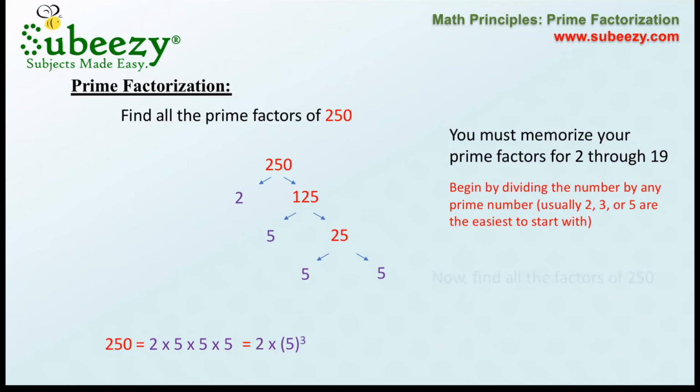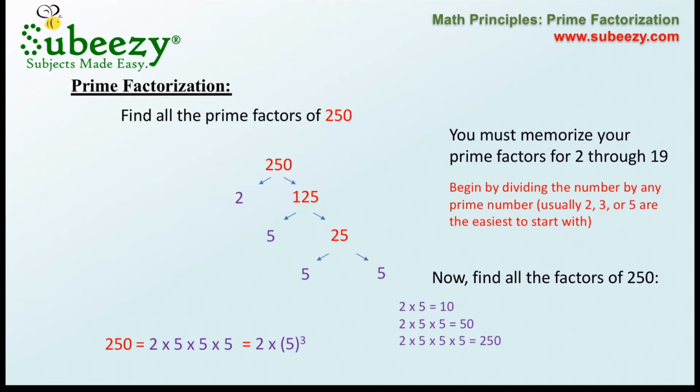Now let's find all the factors of 250. To do this, we just multiply together all of the prime numbers in as many possible combinations. So 2 times 5 is 10, 2 times 5 times 5 is 50, 2 times 5 times 5 times 5 is 250, 5 times 5 is 25, and 5 times 5 times 5 is 125.